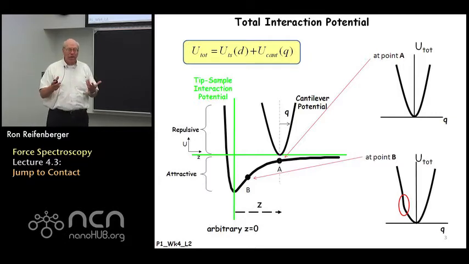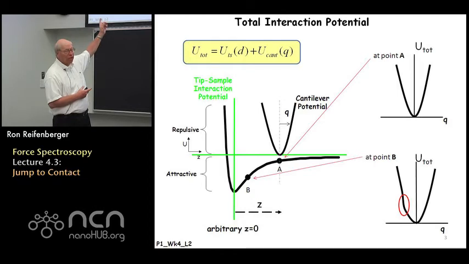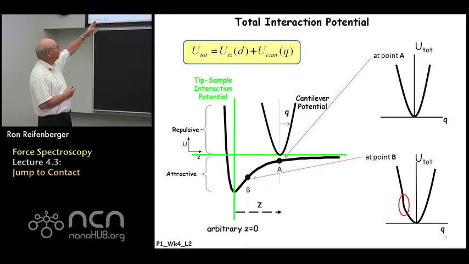And so the net interaction potential energy that the tip feels is going to be the sum of those 2 curves. Now, if the tip is far away from the substrate, let's say at point A, right, the total interaction potential energy is going to be dominated by the cantilever potential in general, right? And we'll have a quadratic-looking curve as indicated in the upper right.